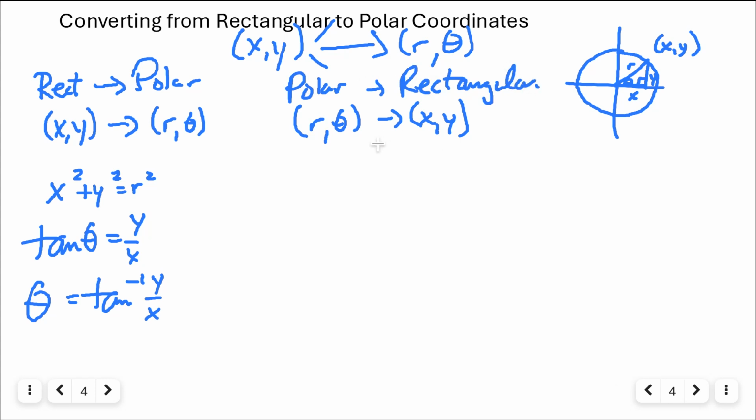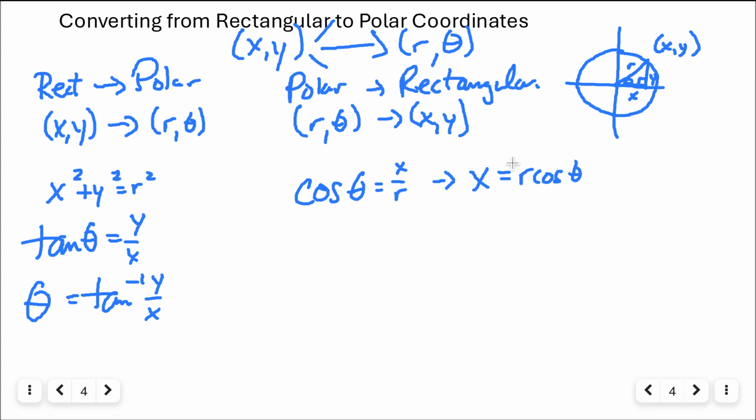Okay? All right, so now let's go from r comma theta to x comma y, from polar to rectangular. And I think, honestly, that's actually even easier because you know r and theta, you want an x and a y. Well, I know a couple of things. I know that the cosine of theta is equal to x over r, which means if I solve this, x is equal to r cosine theta. And I know r and I know theta.